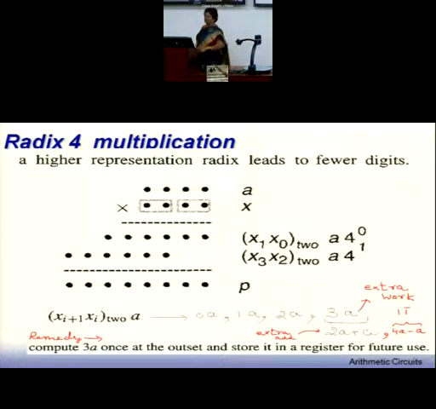So this is radix 4 multiplication, where I would reduce my PP rows by taking 2 bits together and then multiplying. So when I take 2 bits together, that is the i-th and (i plus 1)-th bits, I am multiplying the multiplicand A by them, and this is in binary format, base 2, but with 2 bits taken together.